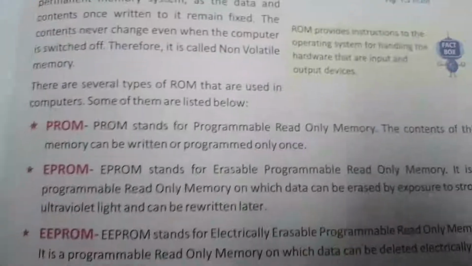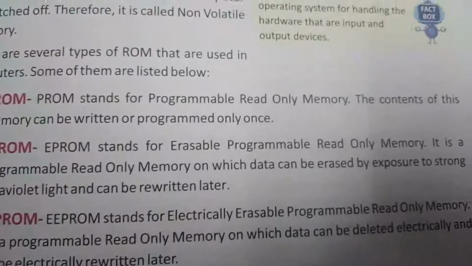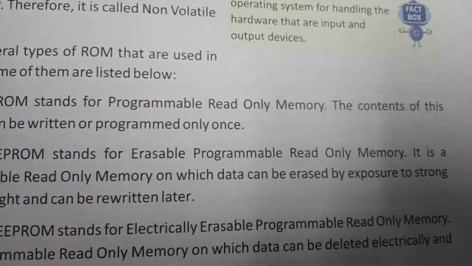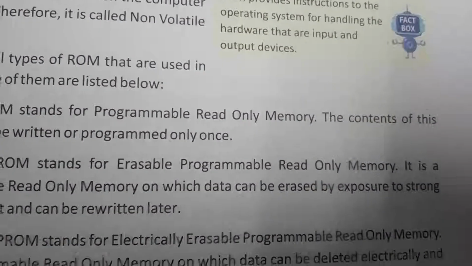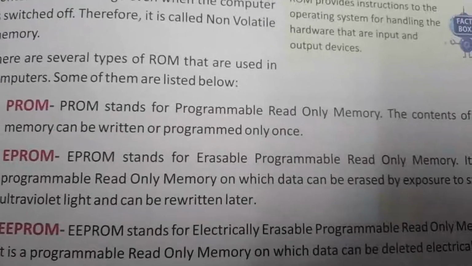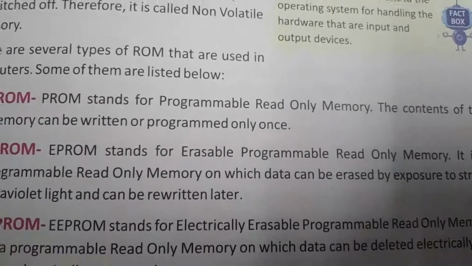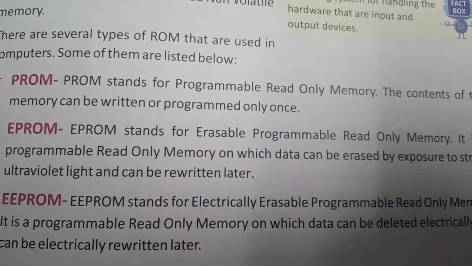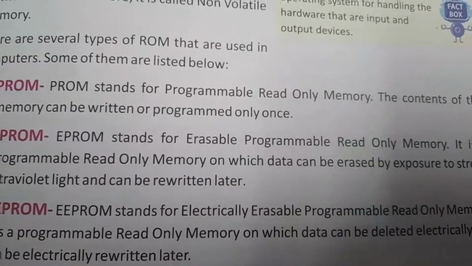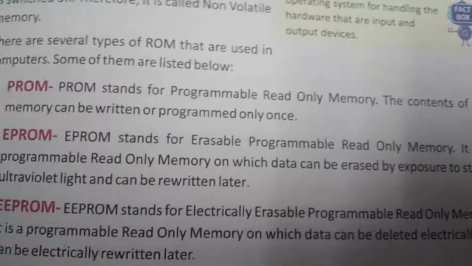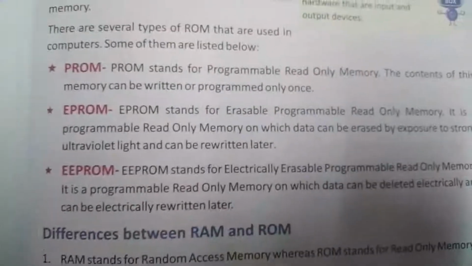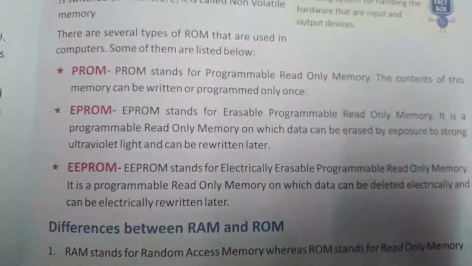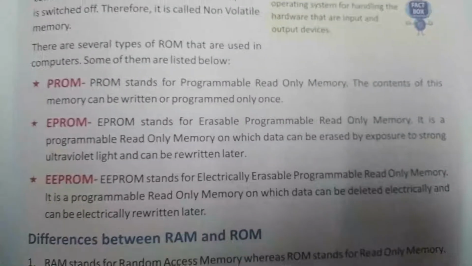The second one, EPROM, stands for Erasable Programmable Read-Only Memory. It is a programmable read-only memory on which data can be erased by exposure to strong ultraviolet light and can be rewritten later. You can imagine it like a pen and a pencil.